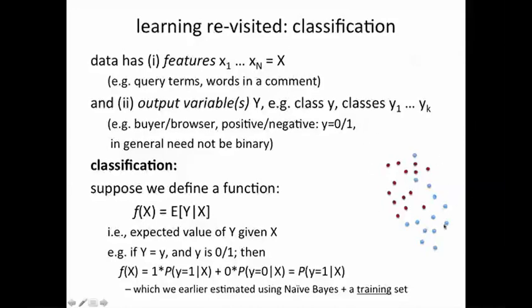So instead of dealing with the space as it's given, they use various combinations of the x's, sometimes squaring them, sometimes doing other funny things to them to project this space to a different space, and then find a line or a plane which nicely separates the instances of positive and negative. So what they're really doing is trying to estimate the function boundary f directly without actually computing the function directly.